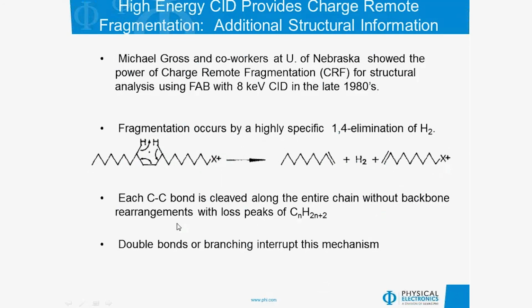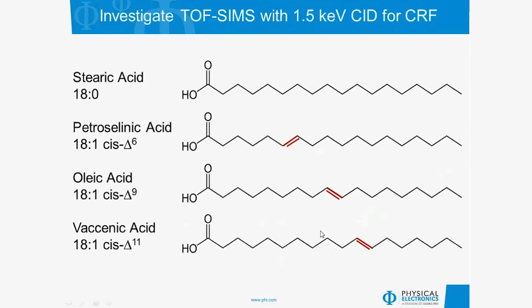And the useful part is that this will happen on every carbon atom in the chain. So you get a series of peaks at every carbon atom unless you have double bonds or branching, and that interrupts this mechanism.